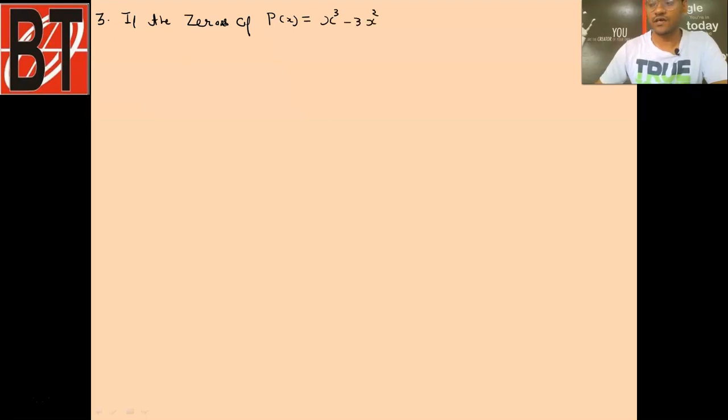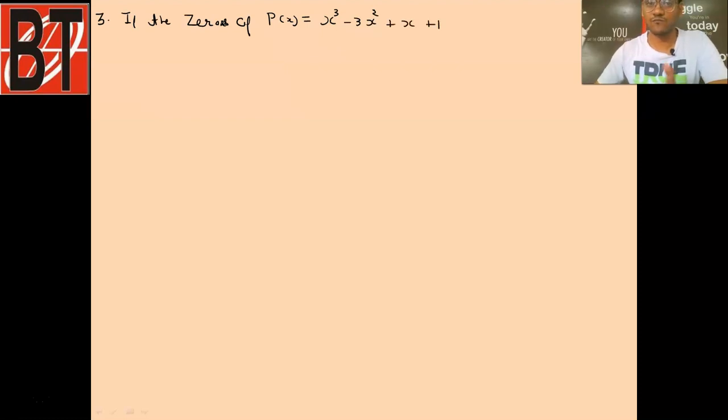Question number 3. Okay, see, in this question we have, if the zeros of p(x), and the given polynomial p(x) is x cube minus 3x square plus x plus 1.